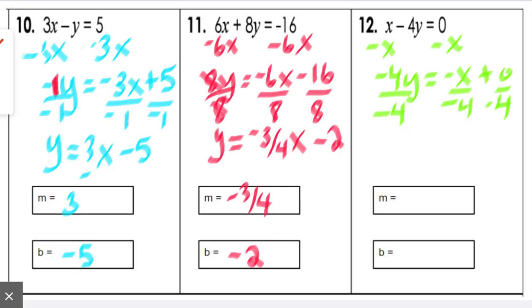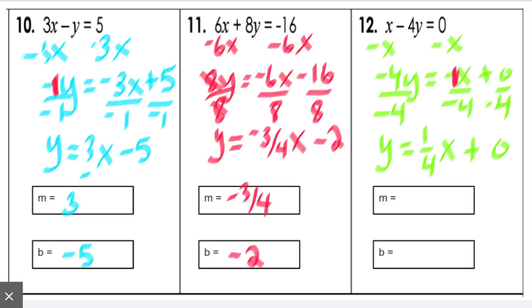Now remember that the number in front of that x, if it's just a negative, is negative 1. So this in slope-intercept form would be y equals, so if I simplify negative 1 over negative 4, that would just make it positive 1 over 4 x plus 0.